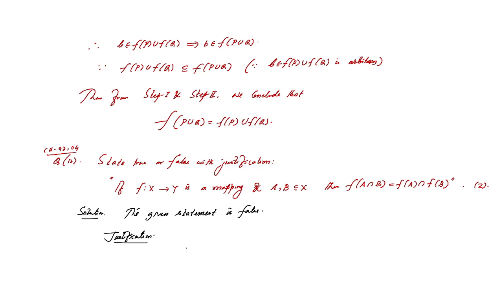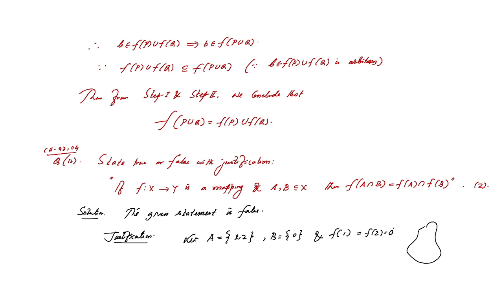So let us say the set X equals {1, 2} and Y equals the singleton set {0}. Here we consider the map f where f(1) equals f(2) equals 0.